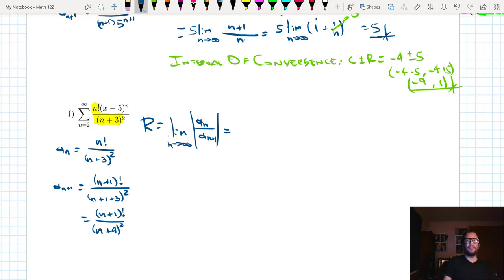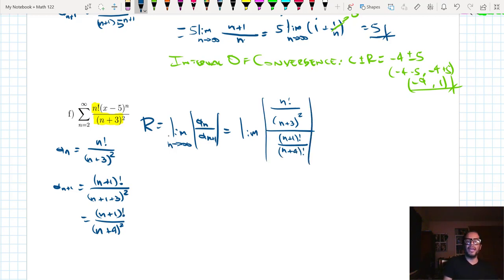Now this will be the limit of n plus 3, not factorial, this actually is squared, n factorial here, and n plus 1 factorial, n plus 4 squared.